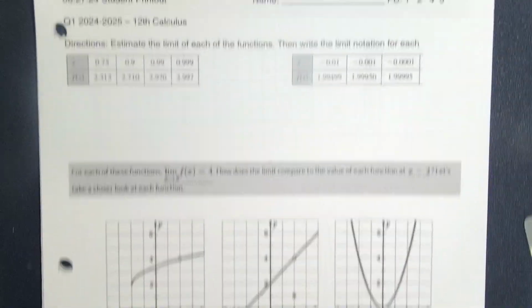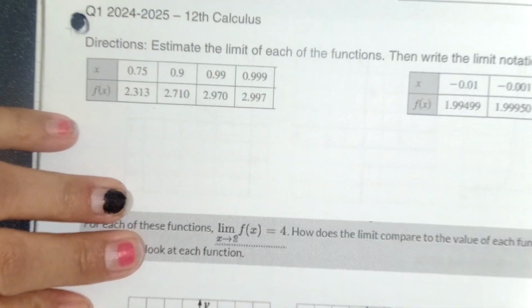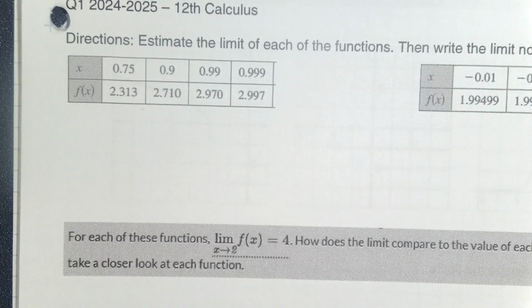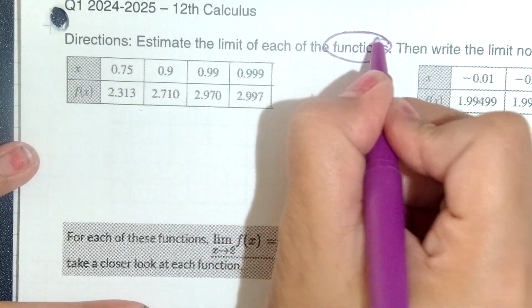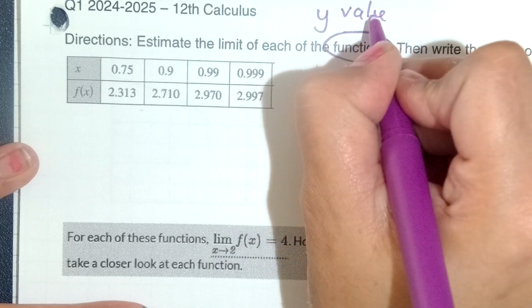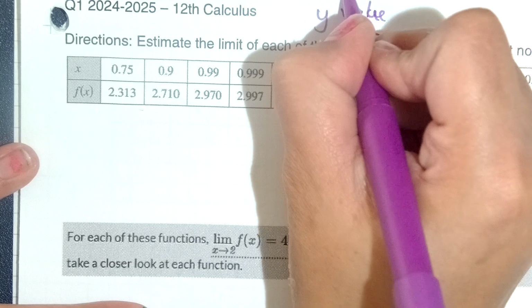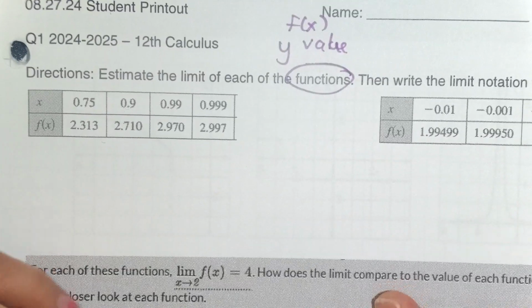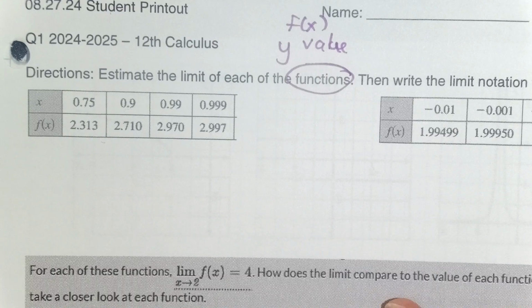All right, so let's look at our first example. We can find limits from graphs, from tables, and from actual equations. Directions say estimate the limit of the function, so we're looking for the y value or the f of x value. And then write limit notation.